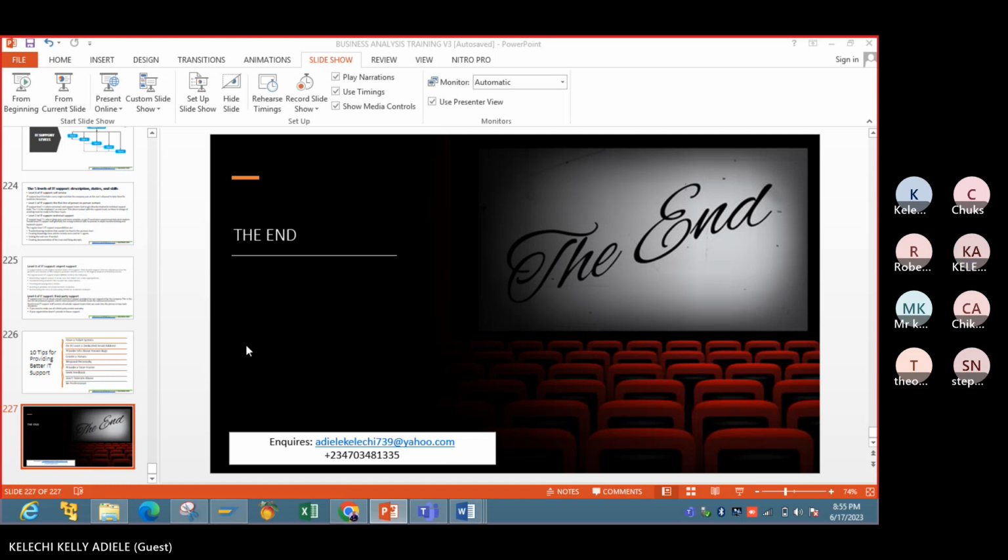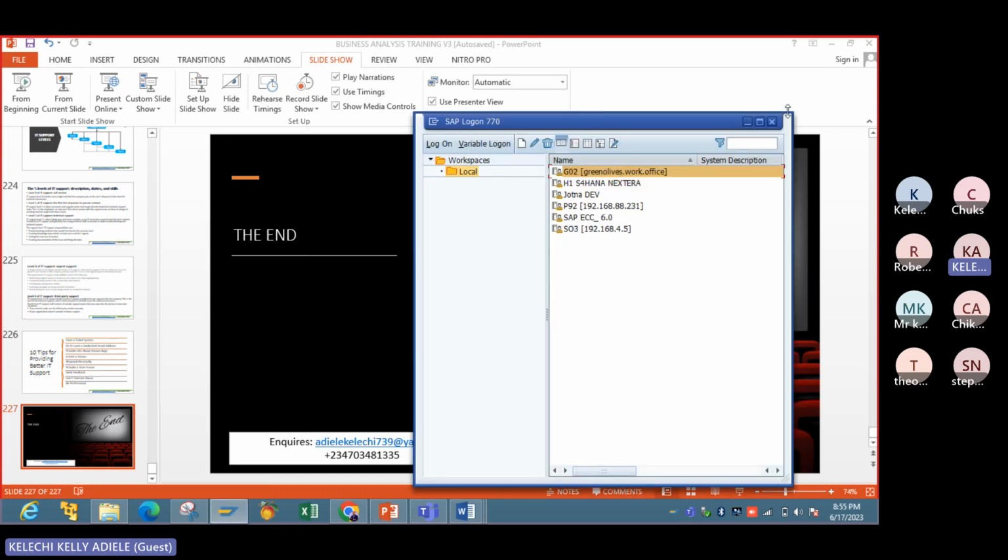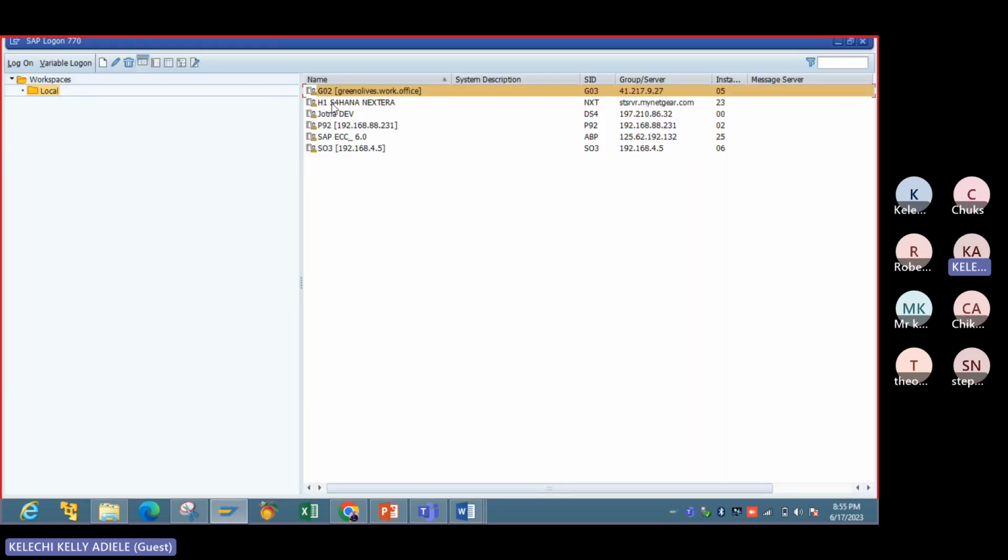When we are done, you're supposed to have the icon here, and this will open, and you now have the different instances. So we are supposed to get you to this level. Once we get you to this level, you will have the different access.